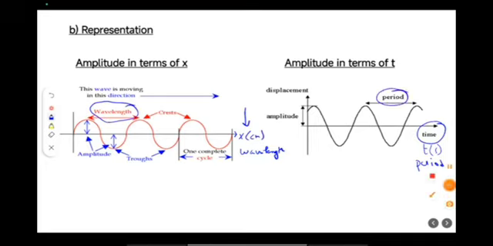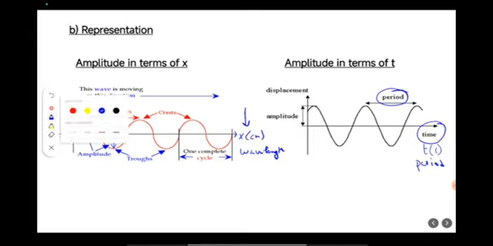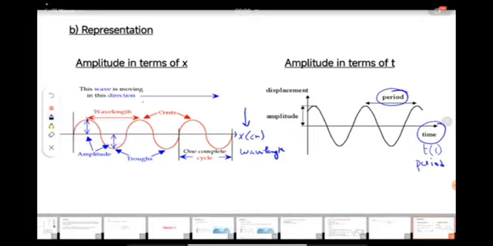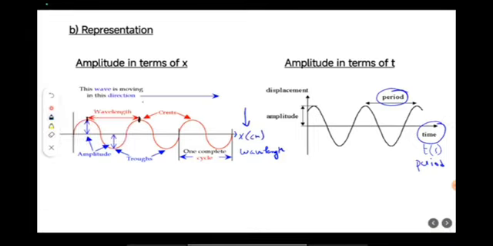To find the value of the period and the wavelength using these two graphs, we must complete one oscillation. And we said before, to complete one oscillation, you must look from a crest to a crest, where the crest is the highest point, like this. This is the first crest, this is the second crest.